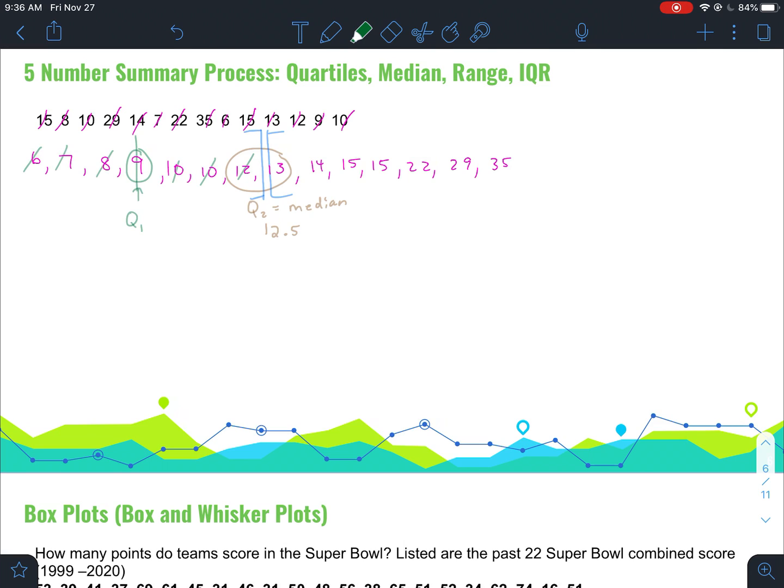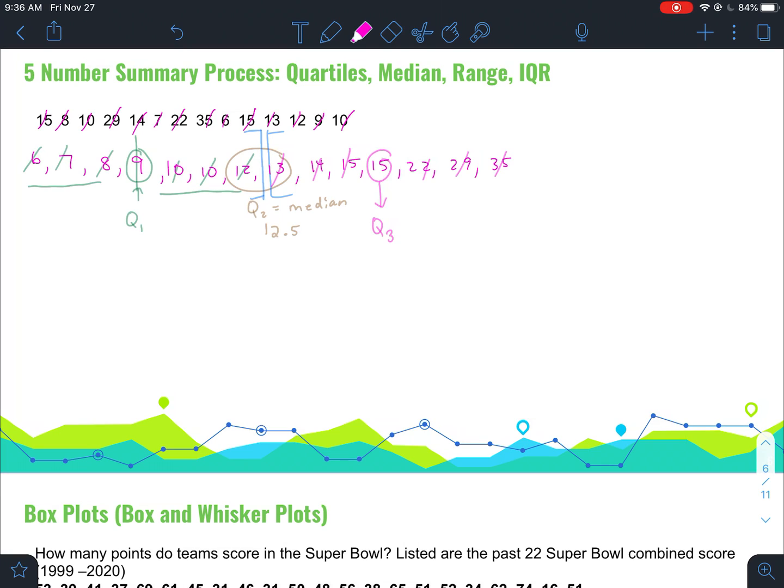So notice now I divided the data into 2 more sections. So I have this quartile and this quartile. And Q1 divided that lower quartile into 2 sections. Q2 divided the whole data set into 2 sections. And then we're going to look at the upper quartile. So 13, 14, 15, 15, 29, 35.